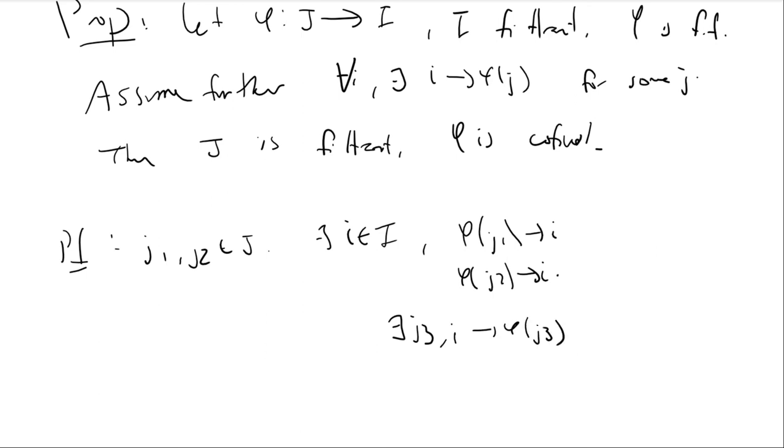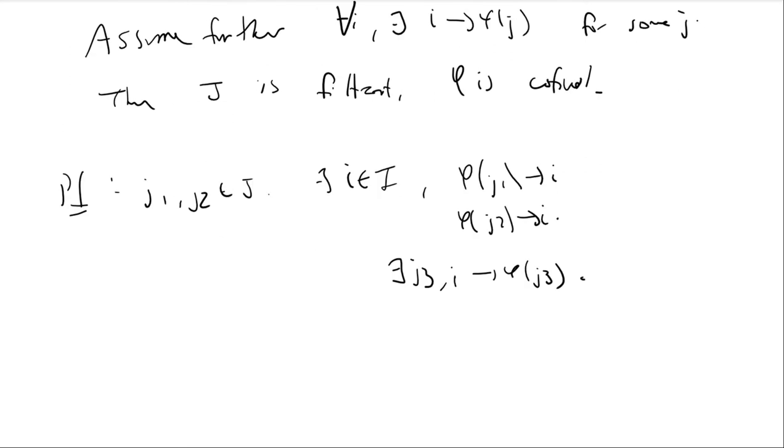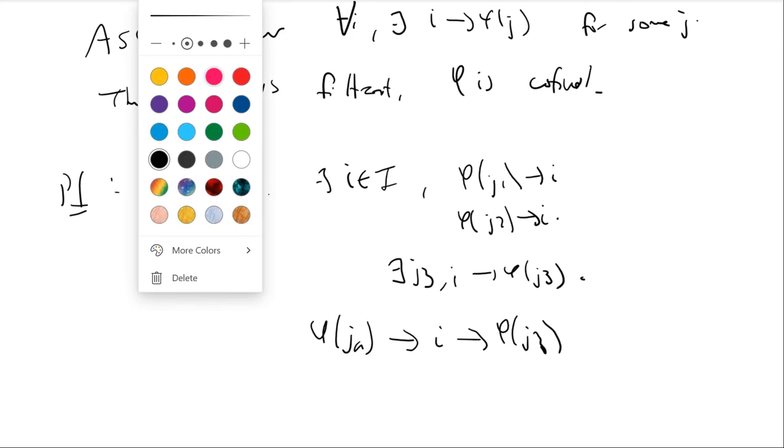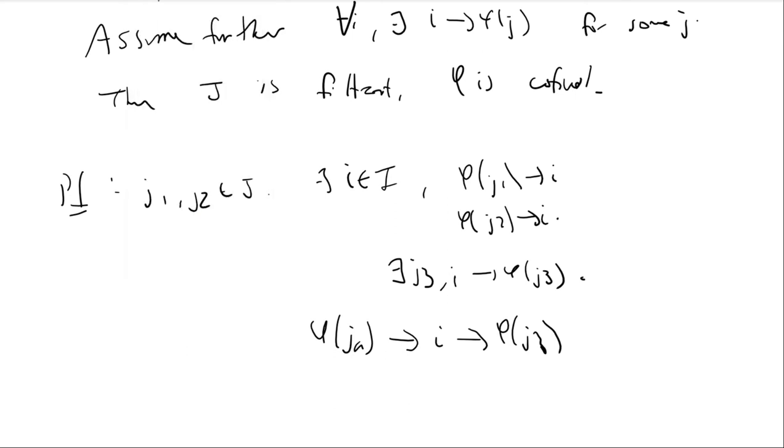And the catch is that since phi is fully faithful, I can compose these, and then for either a equals 1 or 2, I can look at phi ja to i to phi of j3, and now I just grab my red pen and ignore this part and obtain a composition that goes this way.